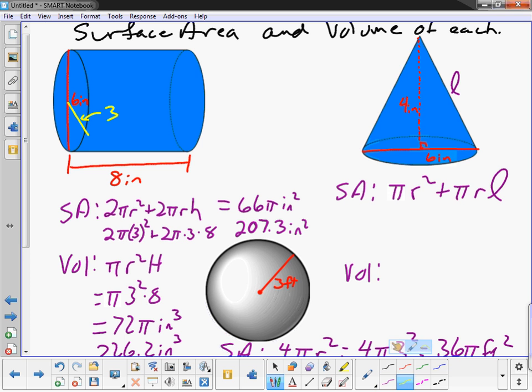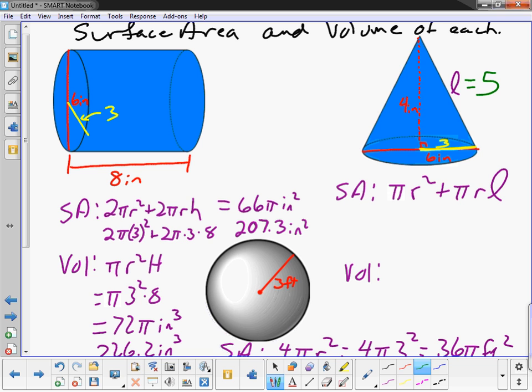The first thing I need to do is realize that my radius is going to be 3. So I've got to use the fact that the radius squared plus the height squared is going to give me the slant height squared. So 3 squared plus 4 squared would be 9 plus 16 would be 25. So I get a slant height of 5.